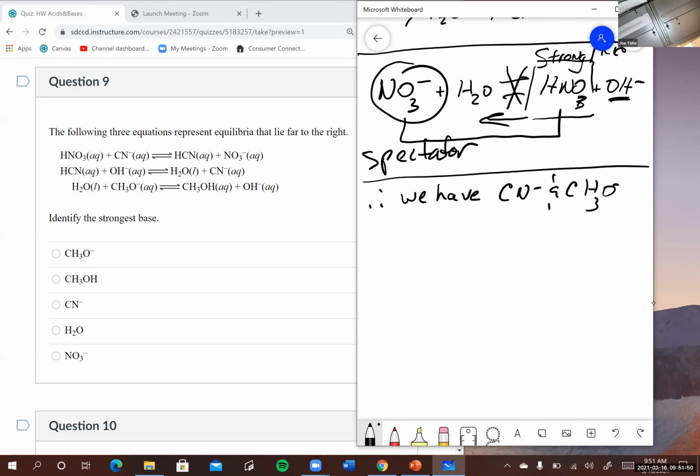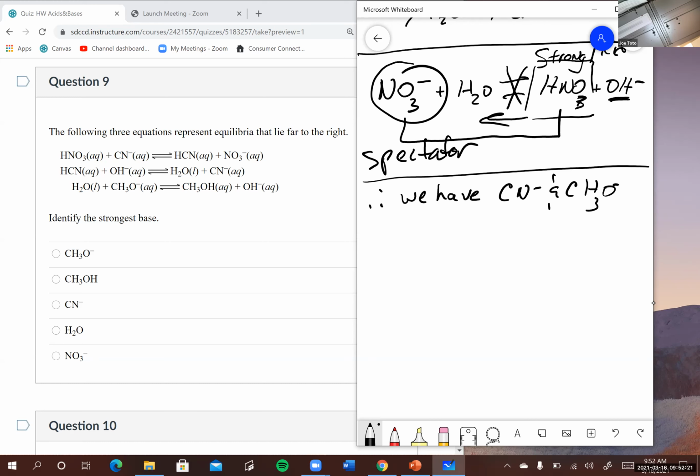And that kind of makes sense because it's an acid-base neutralization, and there's a strong driving force for that, as we'll see in our discussion today. Now, does that tell us anything about the relative strengths of CN minus and CH3O minus? I'm not sure it says too much. It could be just a distraction.